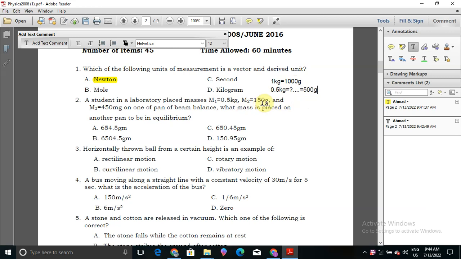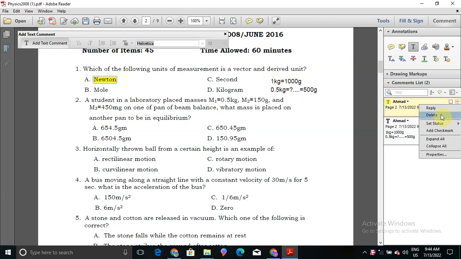The second mass is already converted. It's already in the unit of gram, 150 gram. And the third mass is 450 milligram. Milligram also has its own conversion.